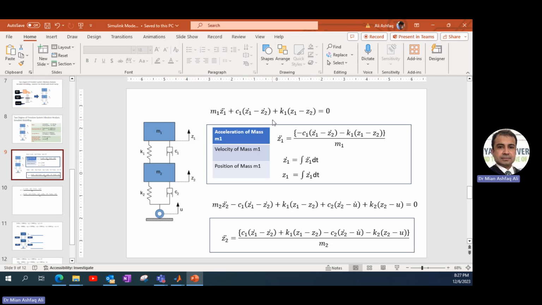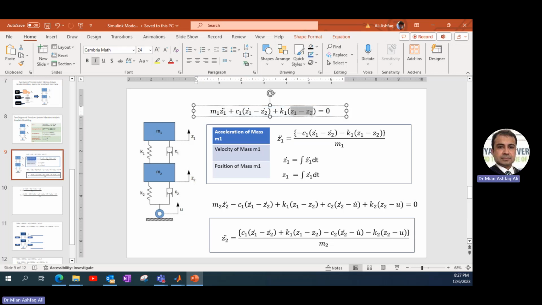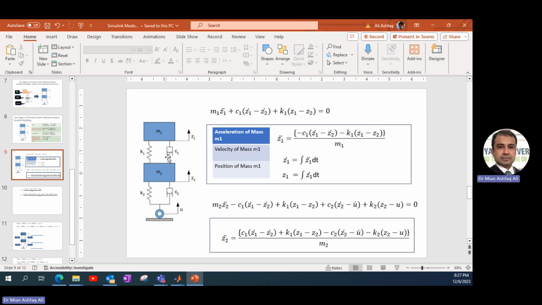Similarly, K1 is multiplied with the relative displacement between M1 and M2, so the relative position becomes Z1 minus Z2. These are the only two forces acting on M1 which cause the vibration.